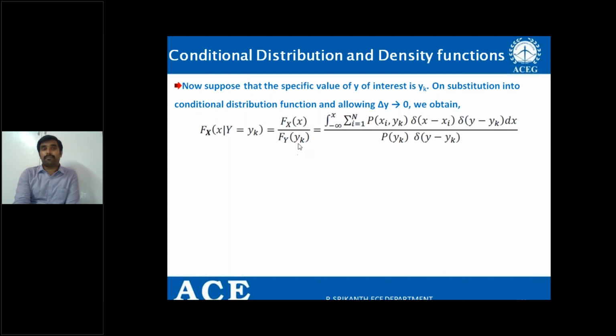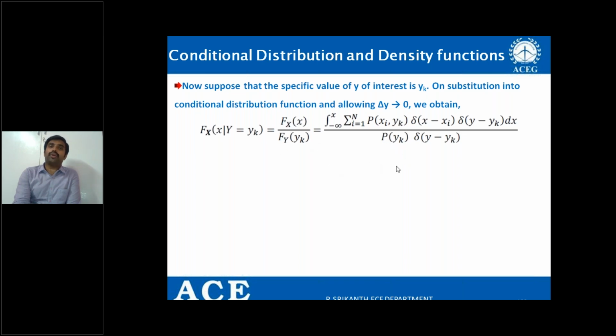Only at that particular point the distribution value is taken. In the previous case, the distribution value is taken in the interval. Therefore, the integration from y minus delta y to y plus delta y was coming into the picture. But now we have a particular value.